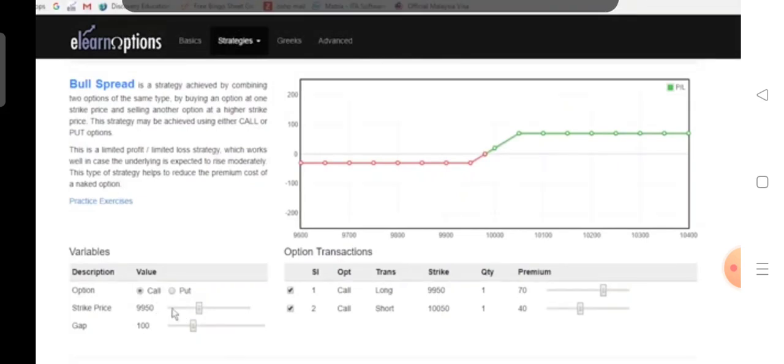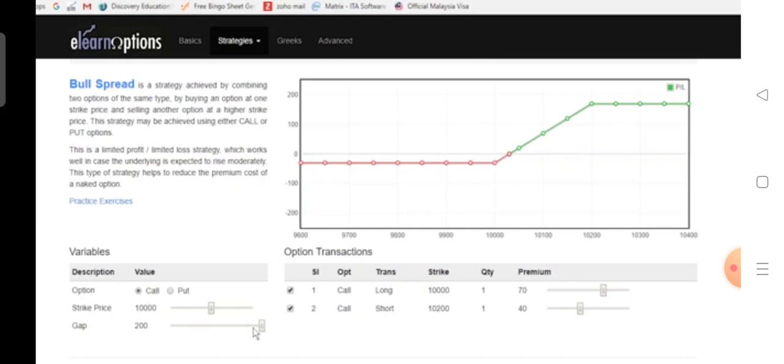Suppose we do it with calls. We can choose a strike price of, say, 10,000, and a gap of 200. So the lowest strike price becomes 10,000 and the highest strike price becomes 10,200.